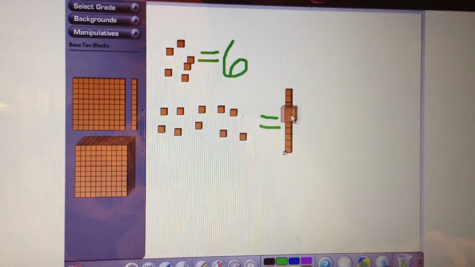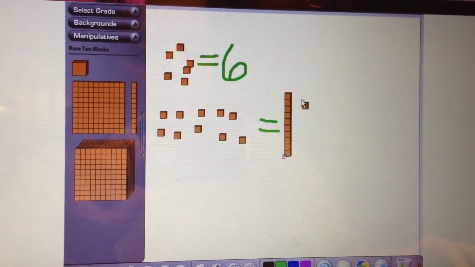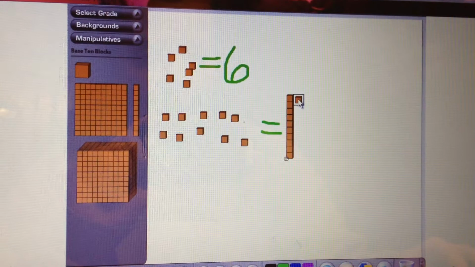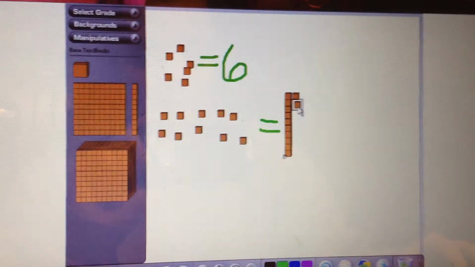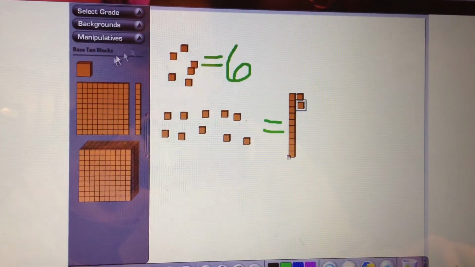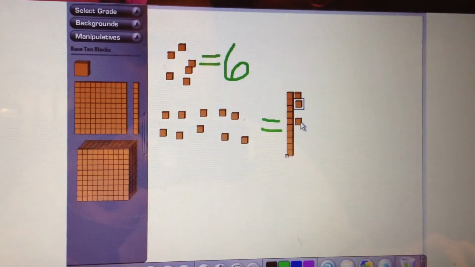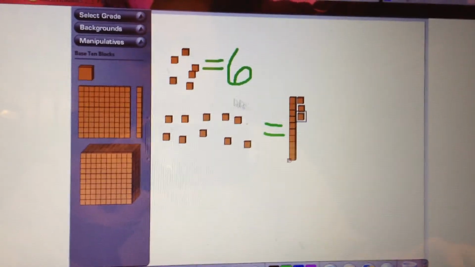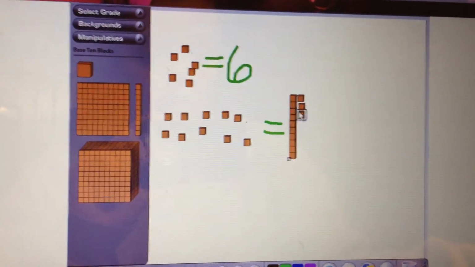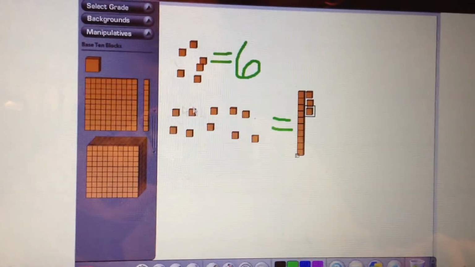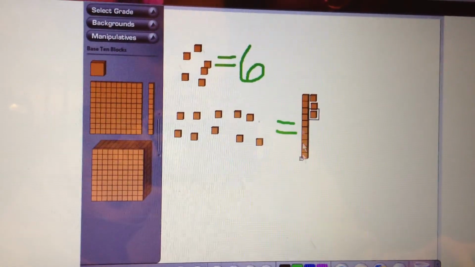So we can pull these units over here and show them that they're going to line up with this long. We can put 10 of these small units into these longs so they can see and understand the concept that 10 of these units equal 1 of these longs. So instead of using 10 units, they can just use 1 long.